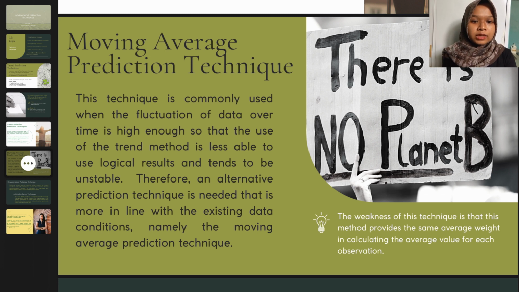However, the weakness of this technique is that it gives the same average weight to each observation in calculating the average value. Meanwhile, reality shows that the data for the last few years will determine the predictive value in the future. To overcome this weakness, a better technique emerges called exponential smoothing.